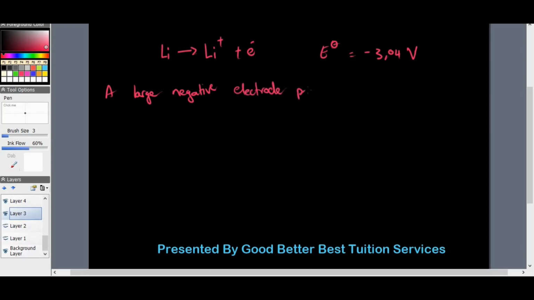Okay, so now if a fairly large positive electrode potential means that the substance will most likely be reduced, then the opposite is true for this oxidation half reaction here.